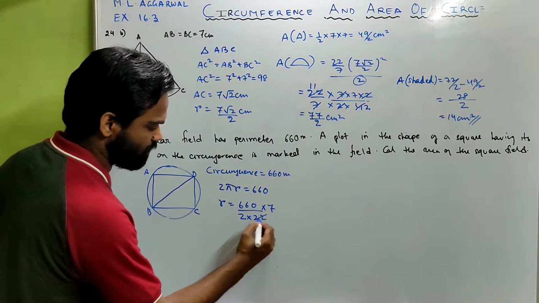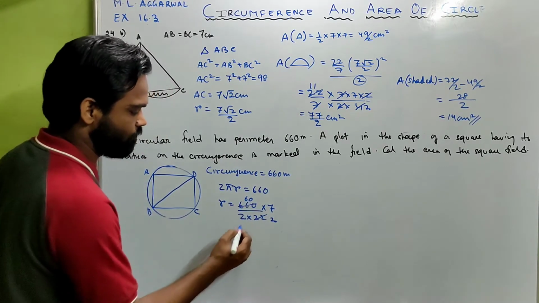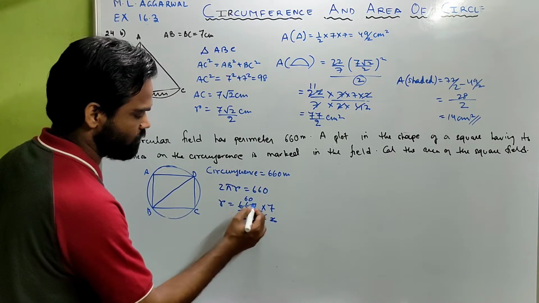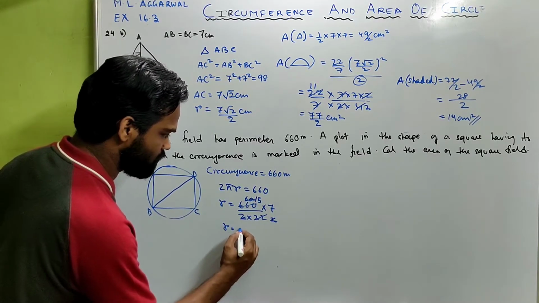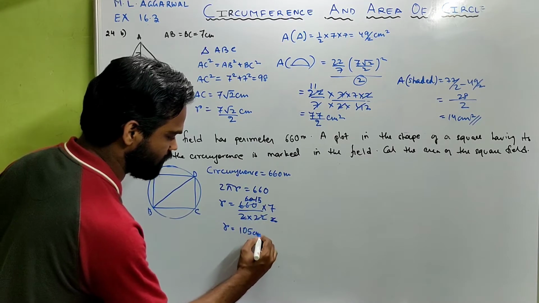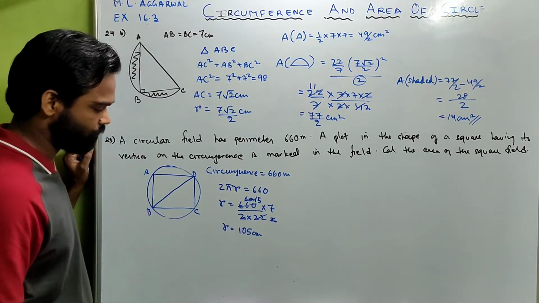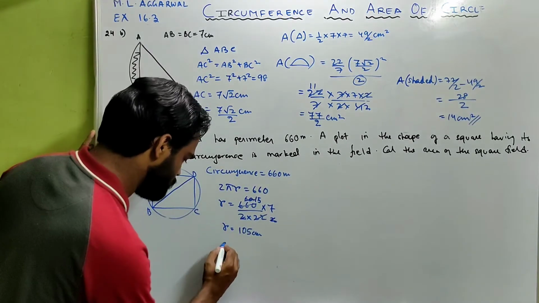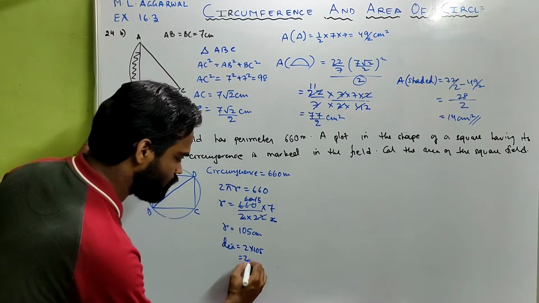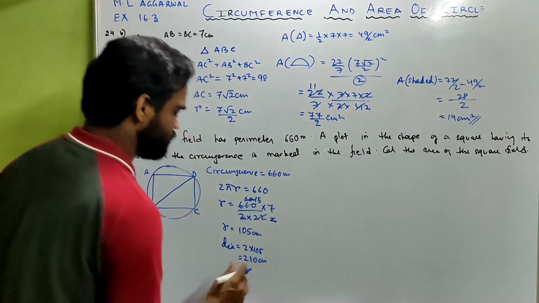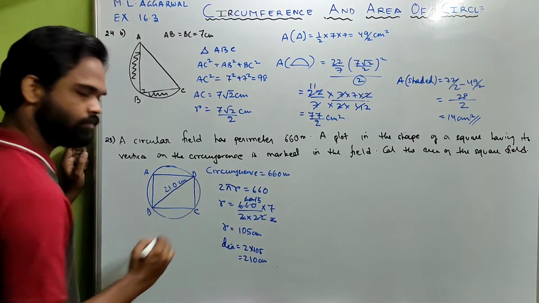So r is 105 meter. So we got the radius as 105. Okay, so the diameter will be 2 into 105, that's 210. Am I correct? So this is 210.